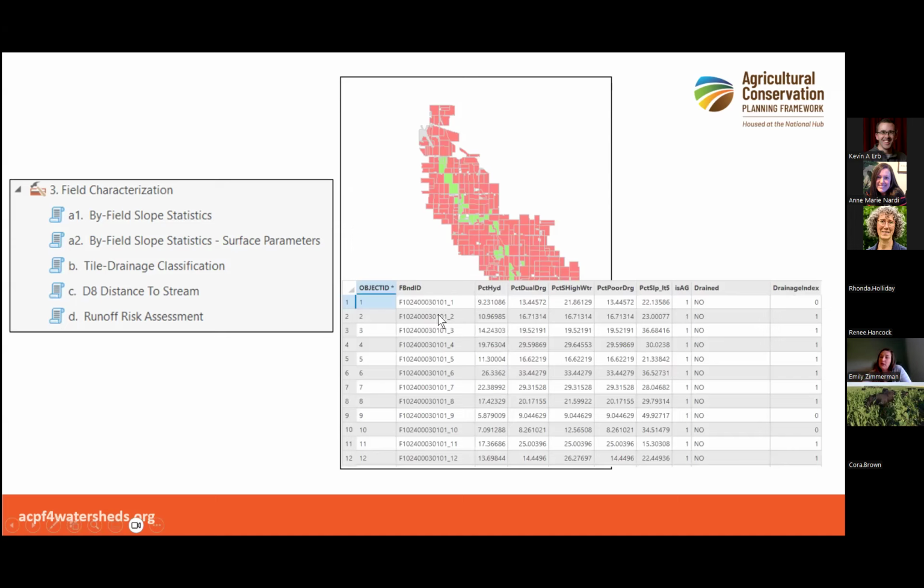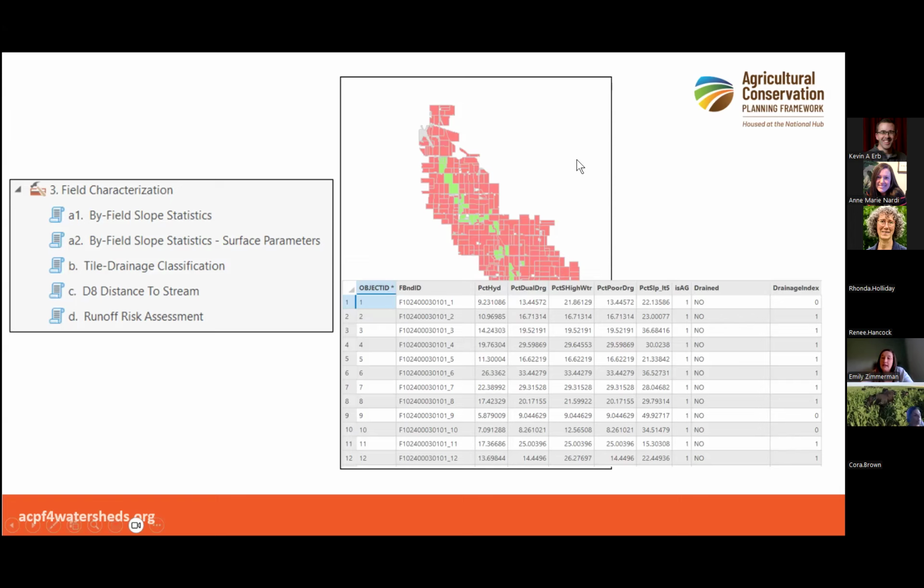And again, the tabular data behind that, thinking about the percent of the field that's hydric, that has a dual drainage classification, where there's a high water table that has poor drainage. Those are all characteristics that you'd want to look at when you're thinking about drainage.